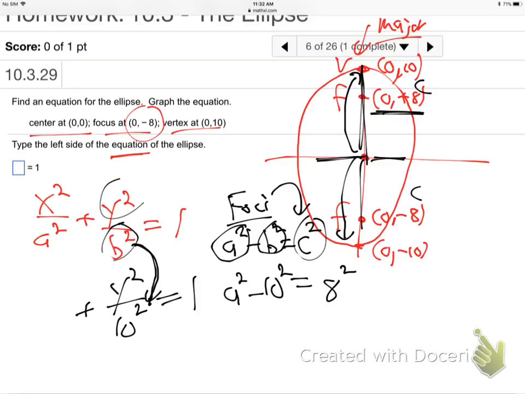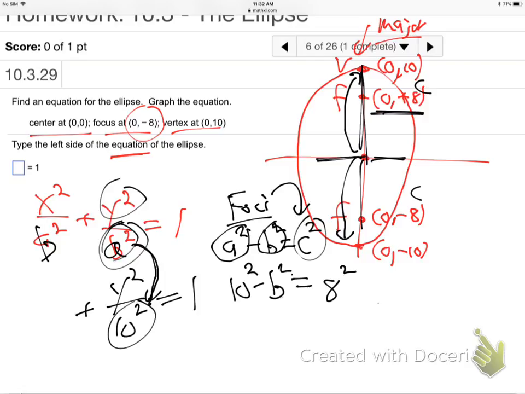So whatever's underneath y is the bigger. 10's got to go in the front, and that will change your answer. That's not irrelevant. Technically, this is B in this case, and this is A. But again, I wouldn't worry about all that. That's where Math Excel says A's always under the bigger one, and all that kind of stuff. Does that make sense? Do you see that? That will definitely change the answer.